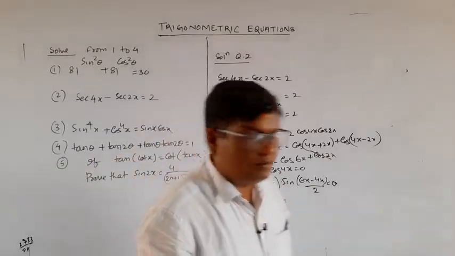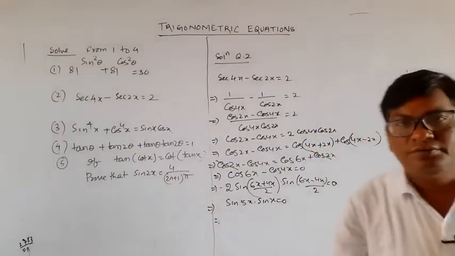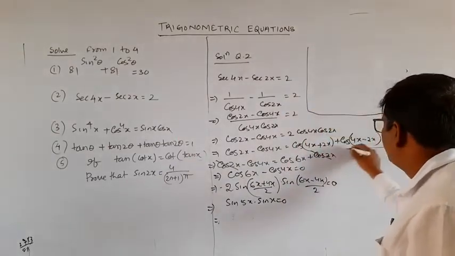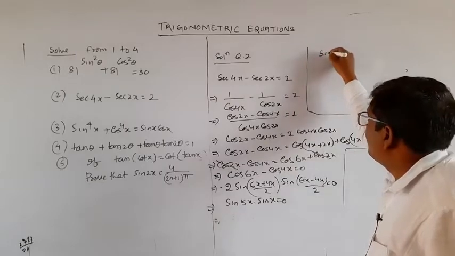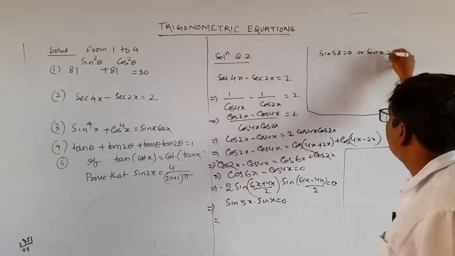Now sin 5x is equal to 0 or sin x is equal to 0.